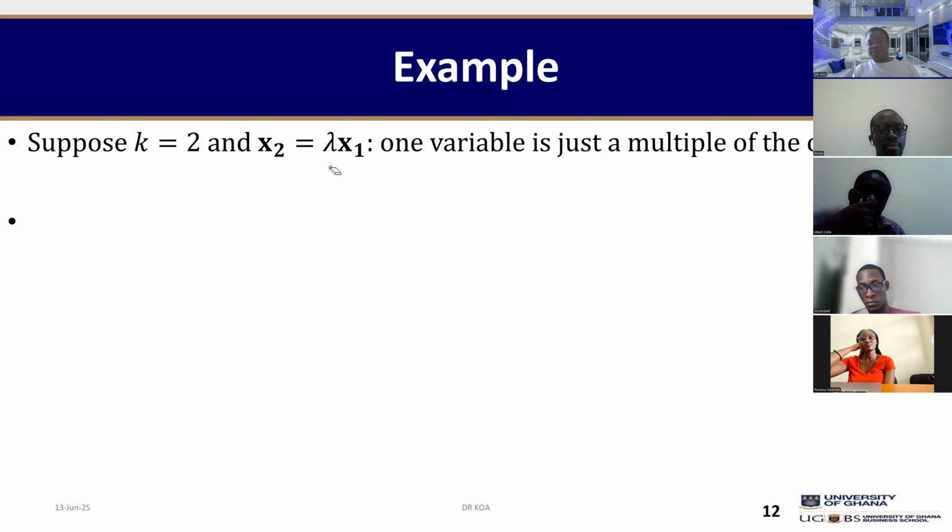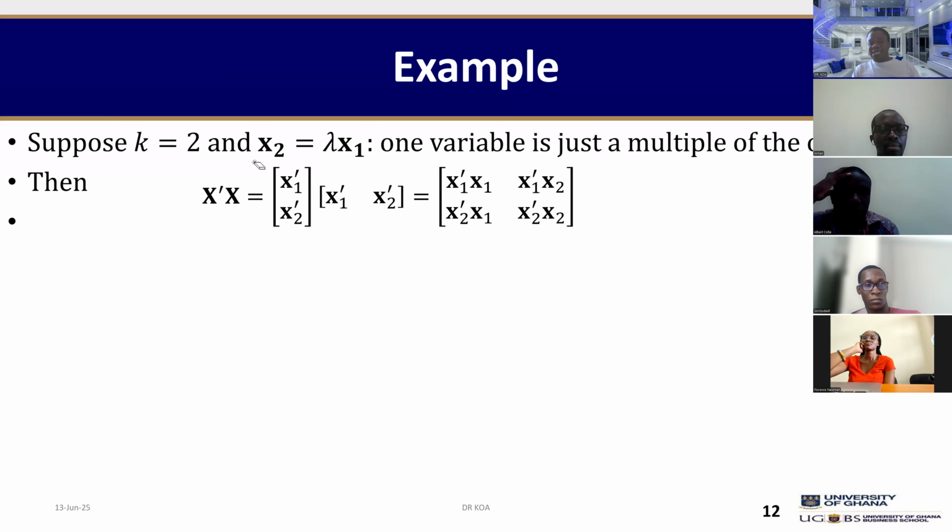That's what it means. So if I multiply x1 by a lambda, I will get x2. If that is the case, then we can say that the x prime x is just one variable multiplying the other. And on the basis of that, we can get these matrices coming out of this x prime x, if only you have these elements.